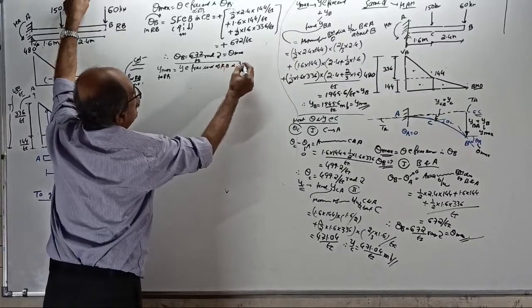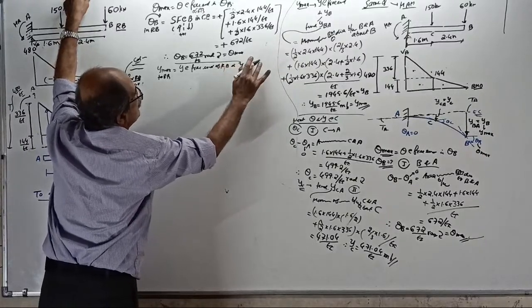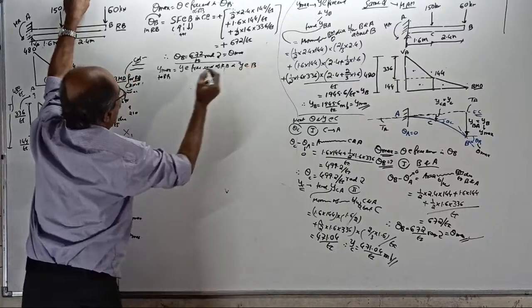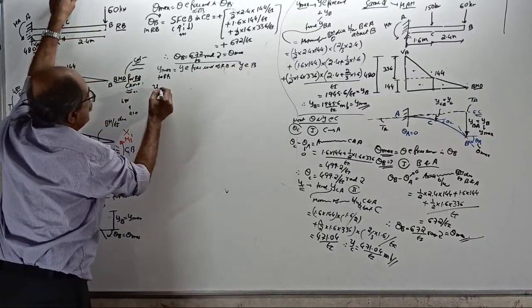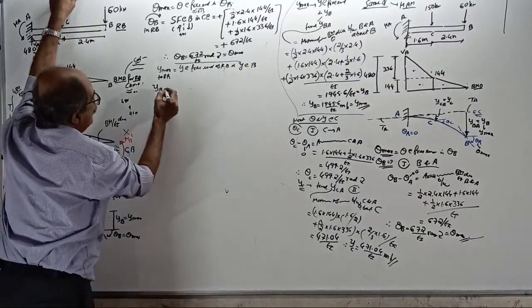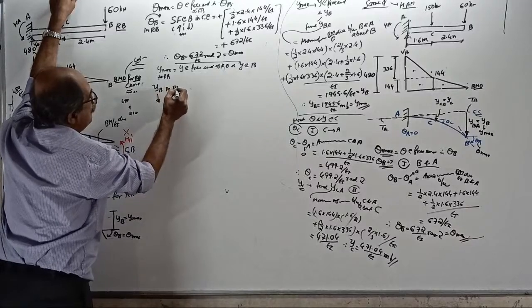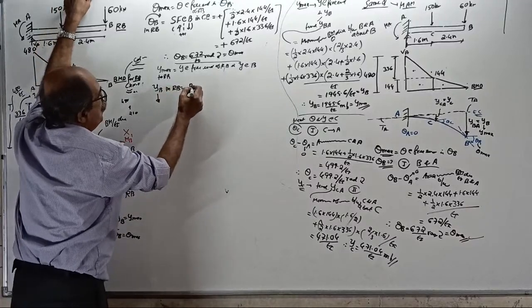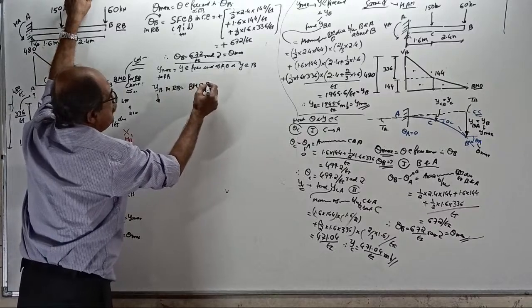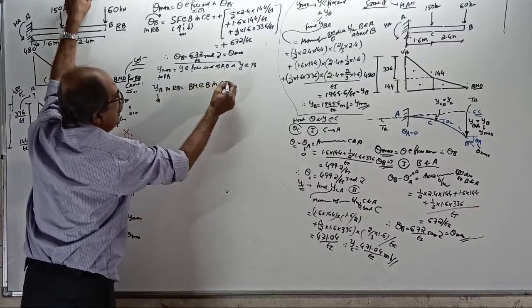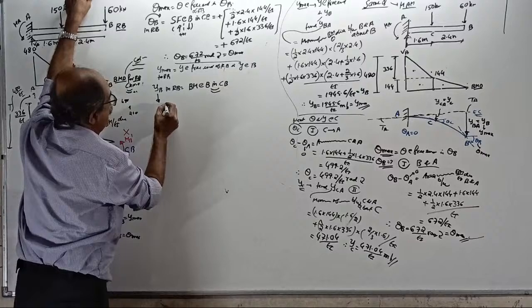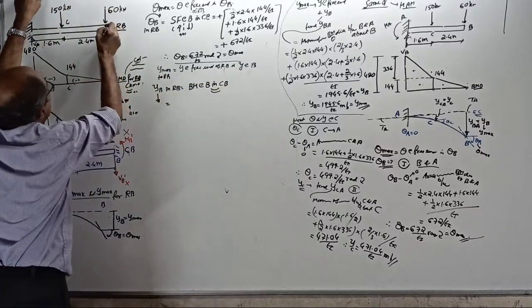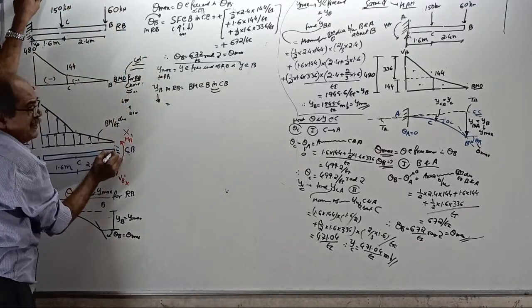That is y at B. Now, y at B downward in the real beam is equal to the bending moment at B in the conjugate beam, sagging positive. Deflection here is bending moment here.